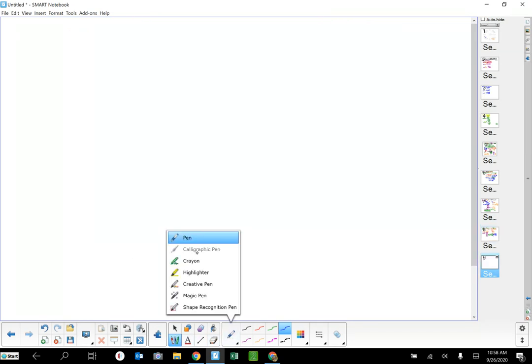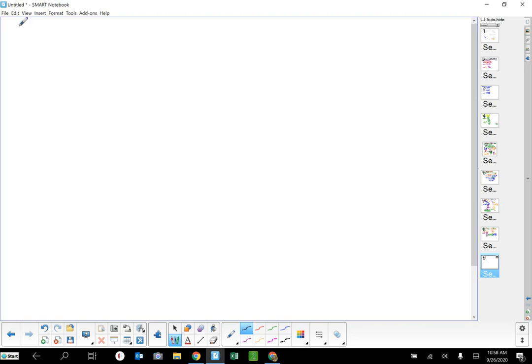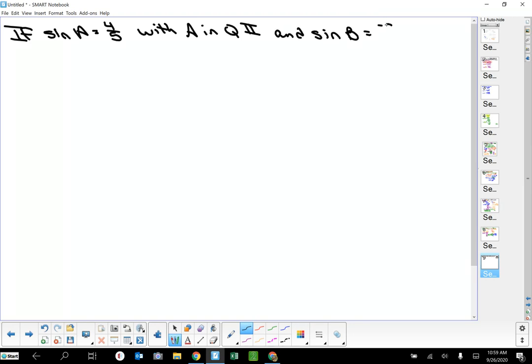And then we're going to go, all right, if sine of A is 4/5 with A in quadrant 2, and B, and sine of B, that word's important, equals -3/5 with B in quadrant 4, find the sine of A plus B.